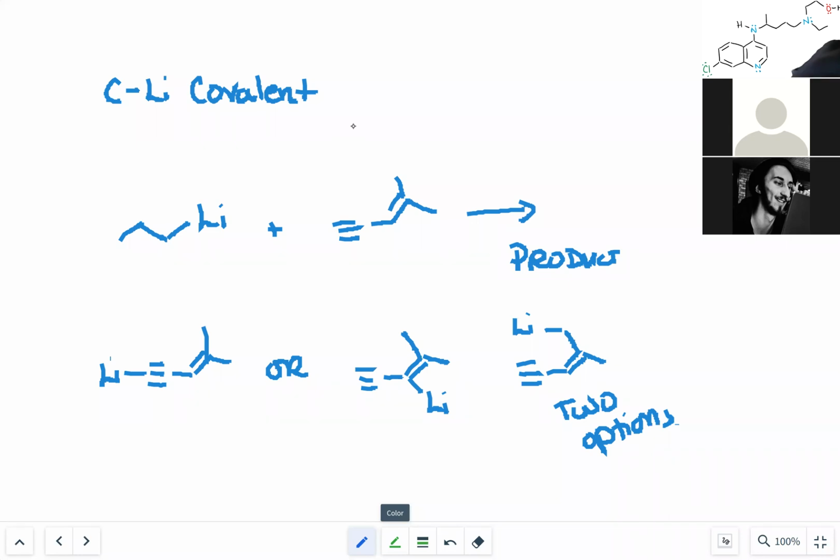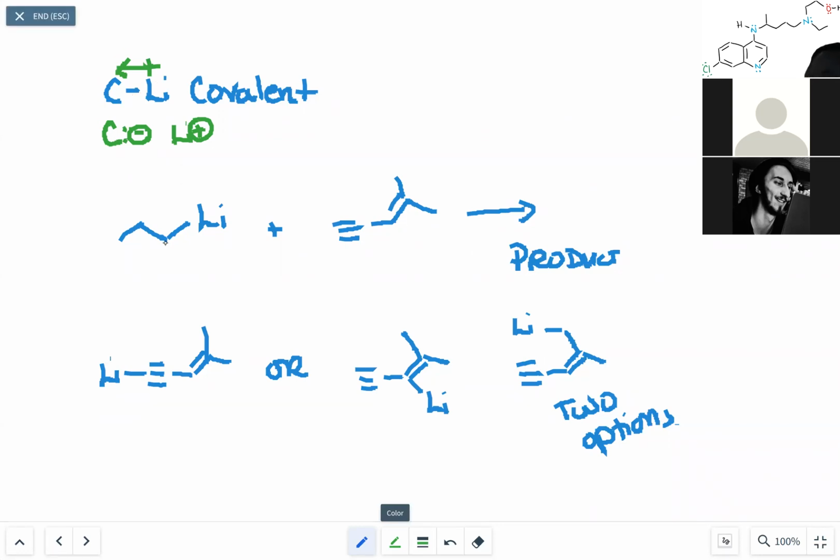Right, carbon. So it's polarized in this direction. If we wanted to remove that lithium entirely, this would be carbon with a carbanion and lithium plus off somewhere to the side. But it's really a covalent bond.